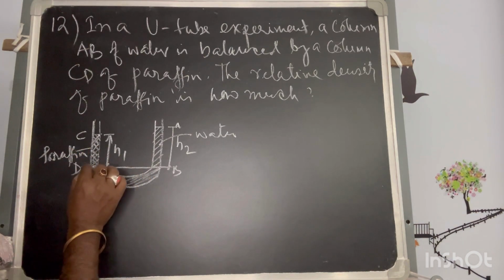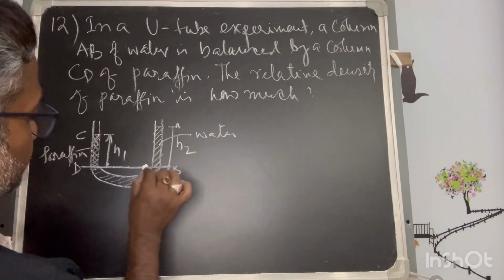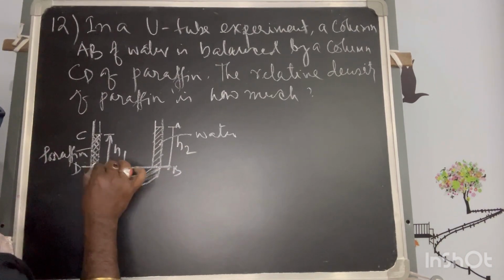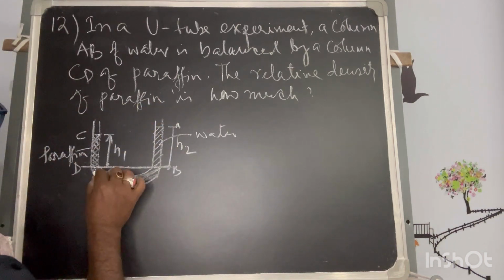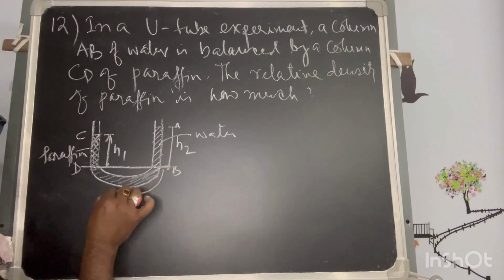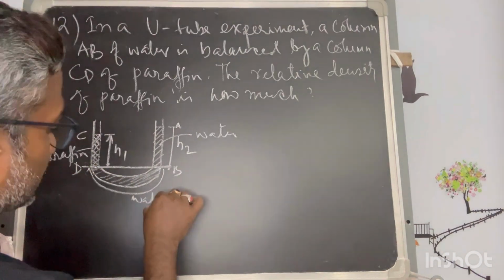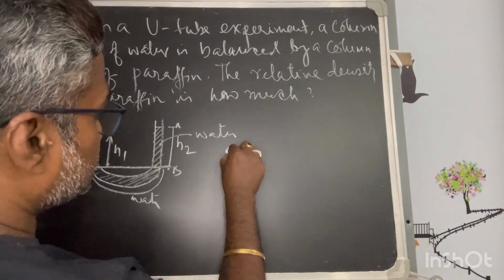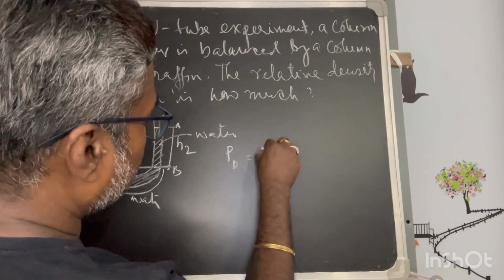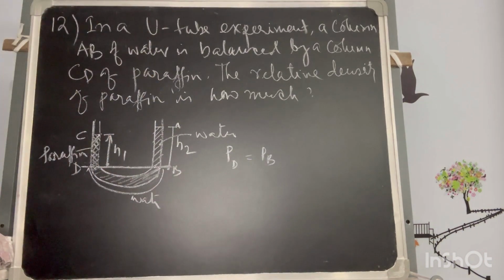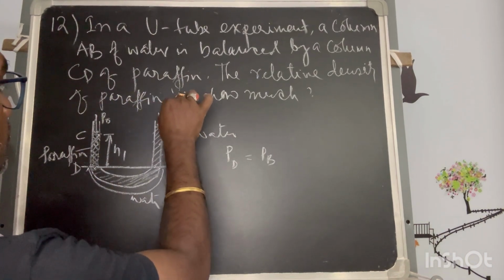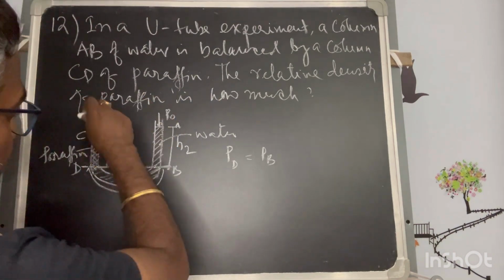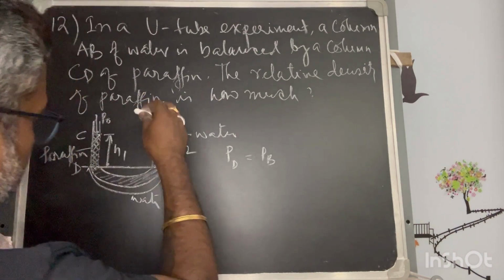In this case, if DB is the horizontal line passing through the two arms, where the liquid here is only water, the pressure at D equals the pressure at B. Because this is an open tube, atmospheric pressure acts on the free surface.